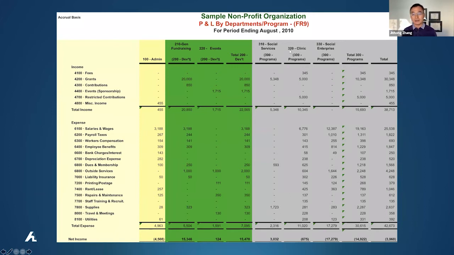And here you have the programs, again with sub-programs: social service, clinic, social enterprise. And if you are for-profit, you can have different lines of business. If you're a technology company, you have software, hardware, service, maintenance, like that.